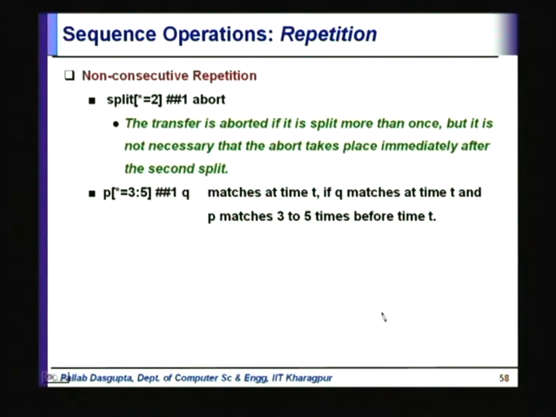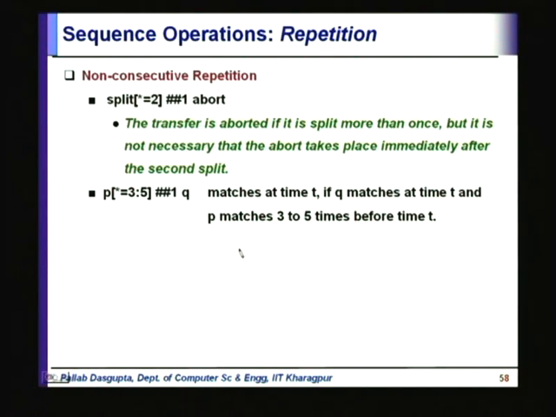The last type of repetition is called non consecutive repetition and is written with [=2]. Now, this is the same as the previous one, except that we do not have the constraint that the abort has to take place in the immediate next cycle. So, it says that at least after one cycle, right. So, the abort can take place a few cycles later also, there is no problem with that.